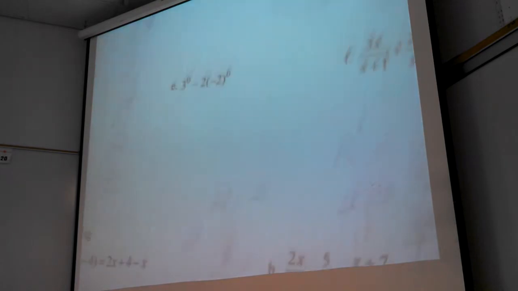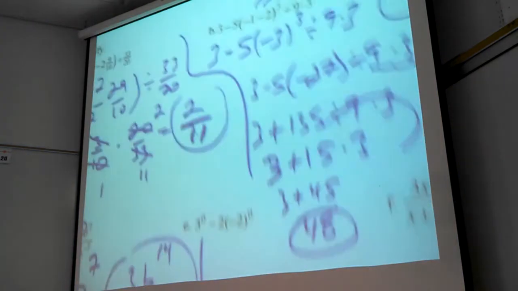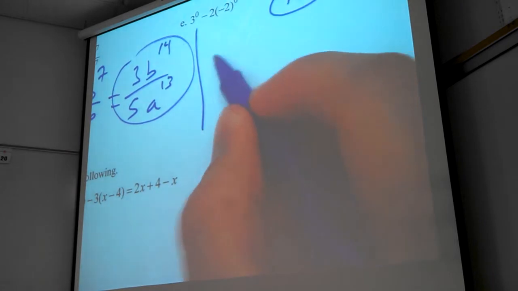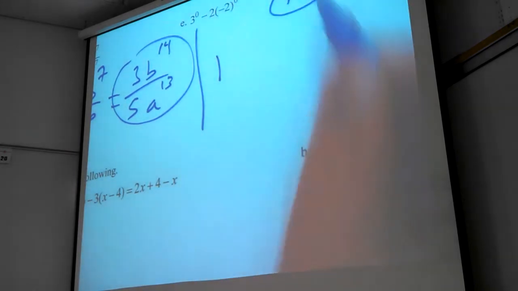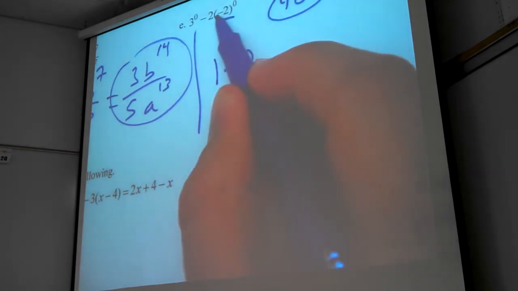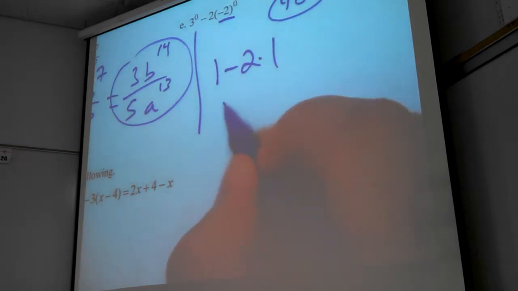So let's come back here. So what's 3 to the 0? 1. What's being raised to the 0 power here? Just this piece. So it's minus 2 times, and what's negative 2 to the 0? 1. So what's 1 minus 2?